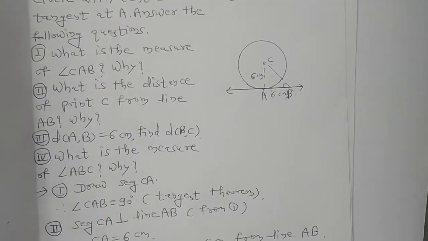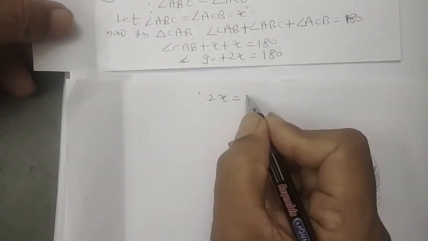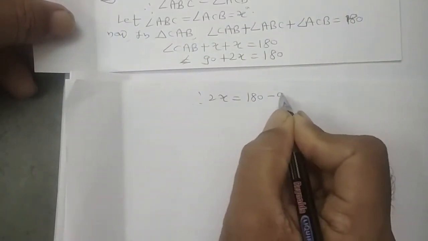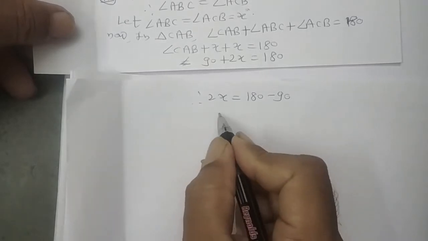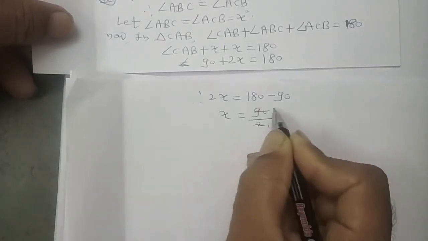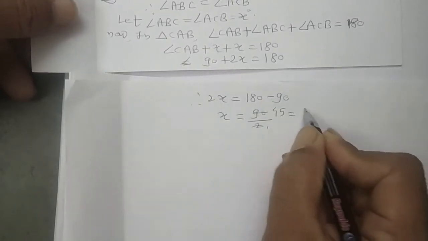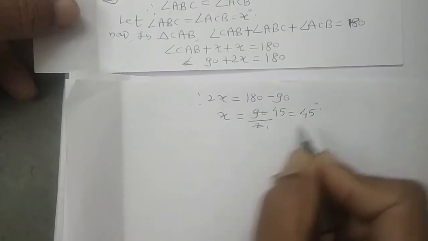Therefore 2x is equal to 180 minus 90. Therefore x is equal to 90 upon 2, dividing by 2, 45 degree.